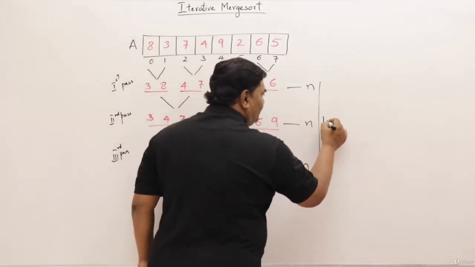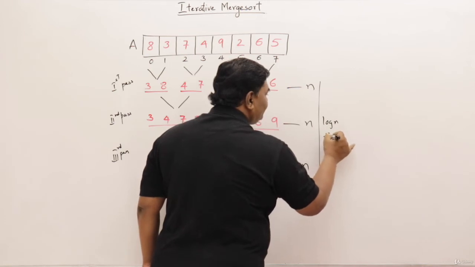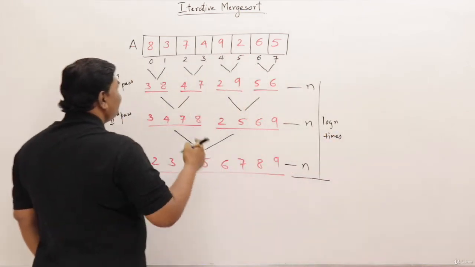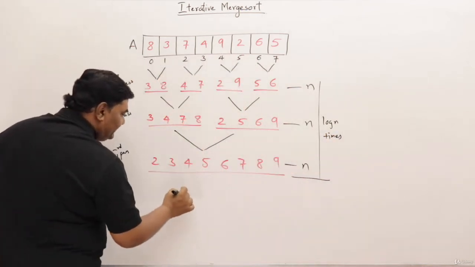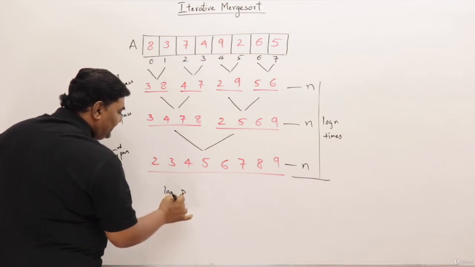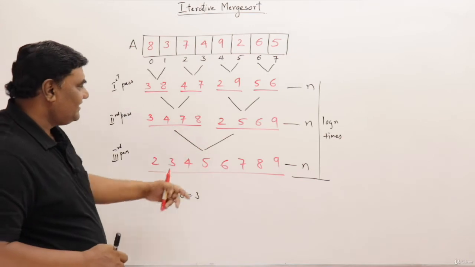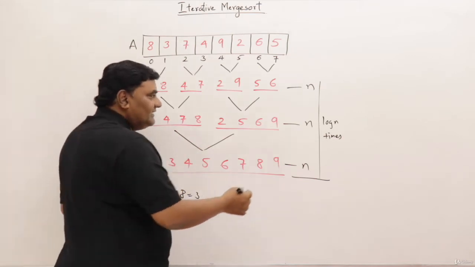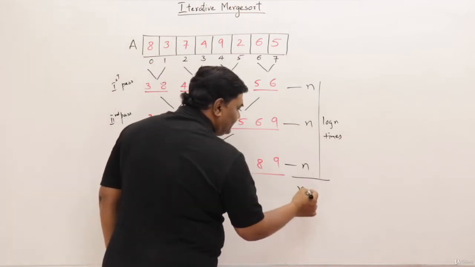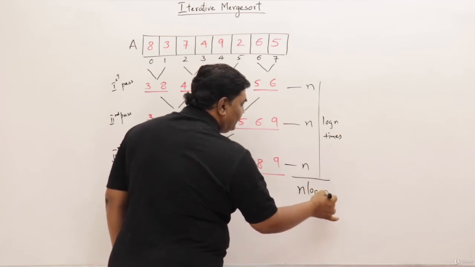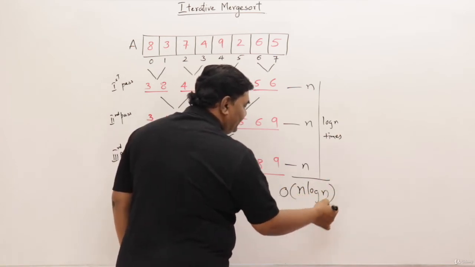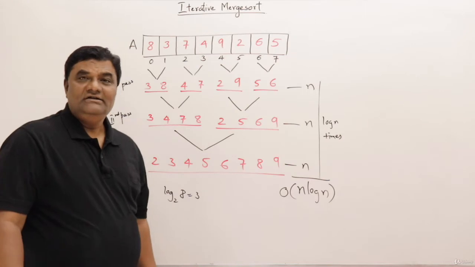So this is done log n times. Or else there are total 8 elements. log 8 base 2 is how much? 3. So it is done 3 times. 3 passes are required. So that's how it is log n. So the total time is n, done for log n times. So the time complexity is order of n log n.